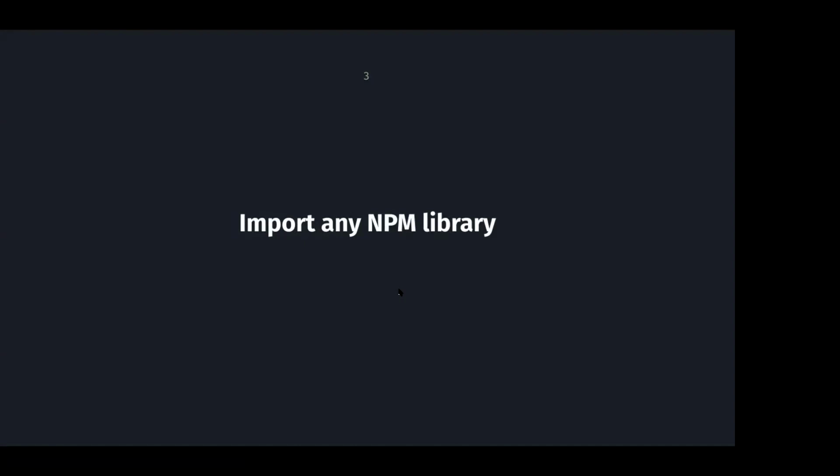So we'll soon let people import any NPM library so that you can access all the JavaScript functions that are not native, and write any kind of complicated logic that you would like to. This is again something that we'll be picking up sometime in the next quarter.